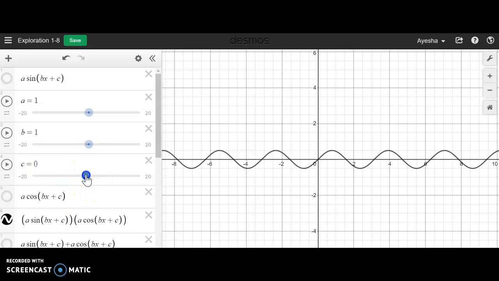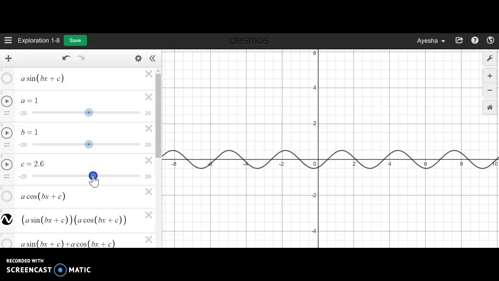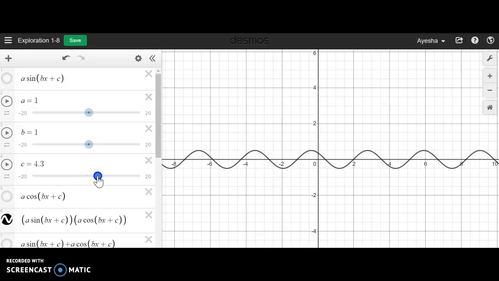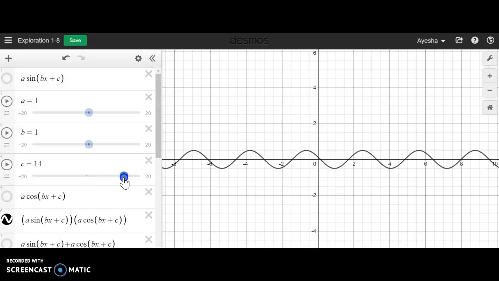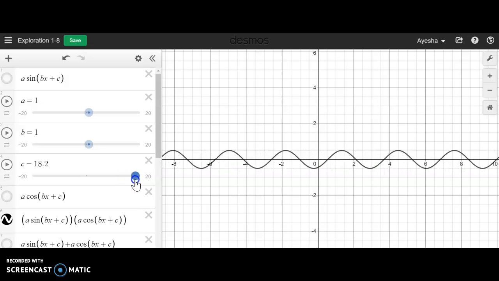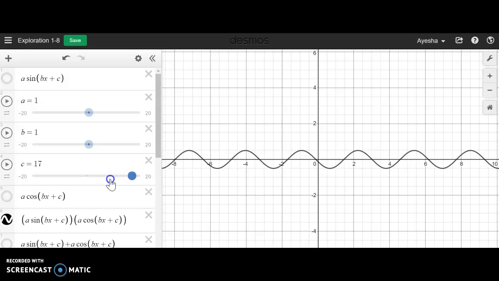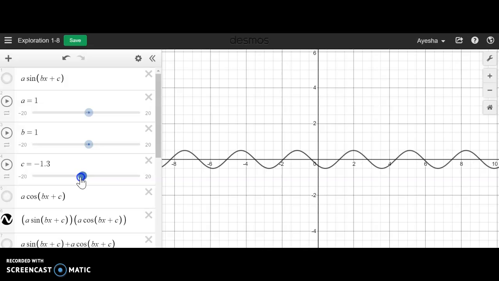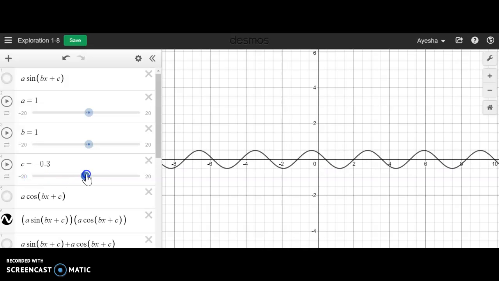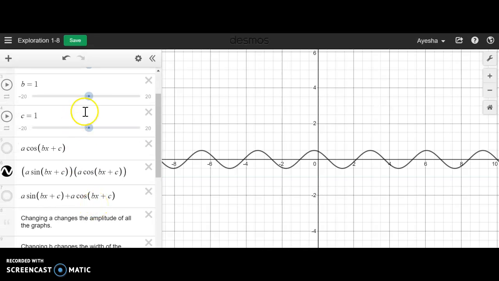And let's see what happens when we change c. When we increase c, so when we move it to the positive side, from 0 to increasingly positive numbers, it seems to be shifting the graph of h of x to the left, and then I predict it's going to do the opposite whenever we switch to negatives. It's going to move to the right, and this is happening because of what we talked about before.